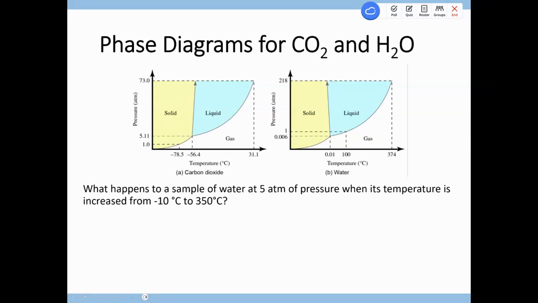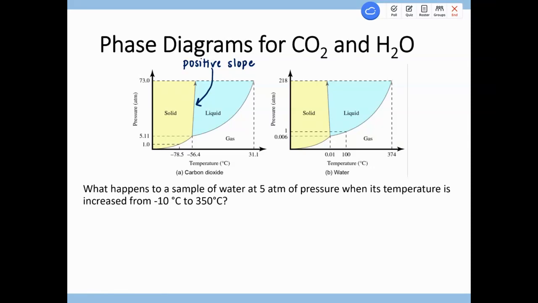So again, these look pretty similar, but one key difference between water and carbon dioxide, which is really a key difference between water and most other substances, is the slope of this line between solid and liquid. For carbon dioxide, this line has a positive slope between the solid and liquid.